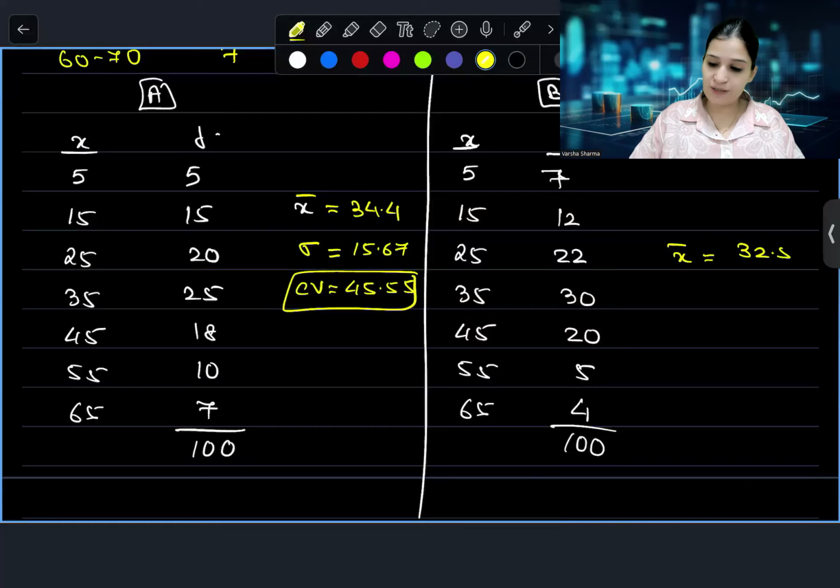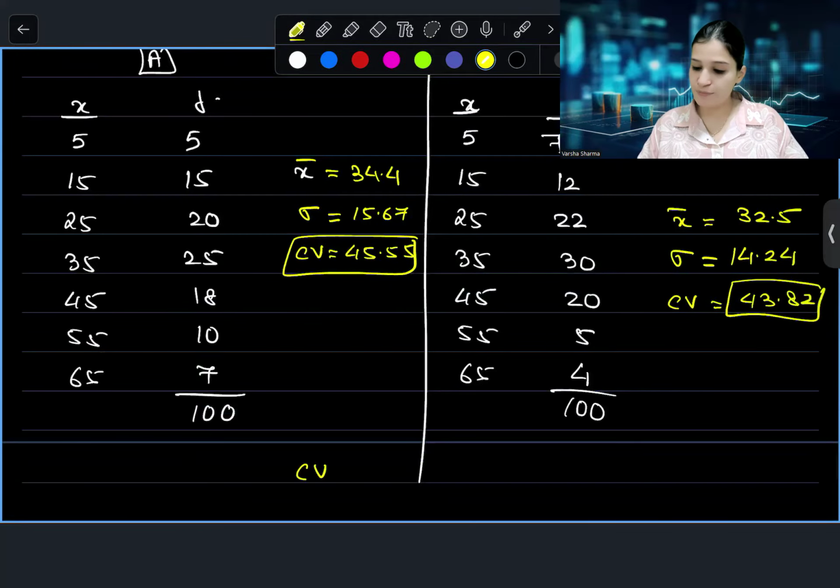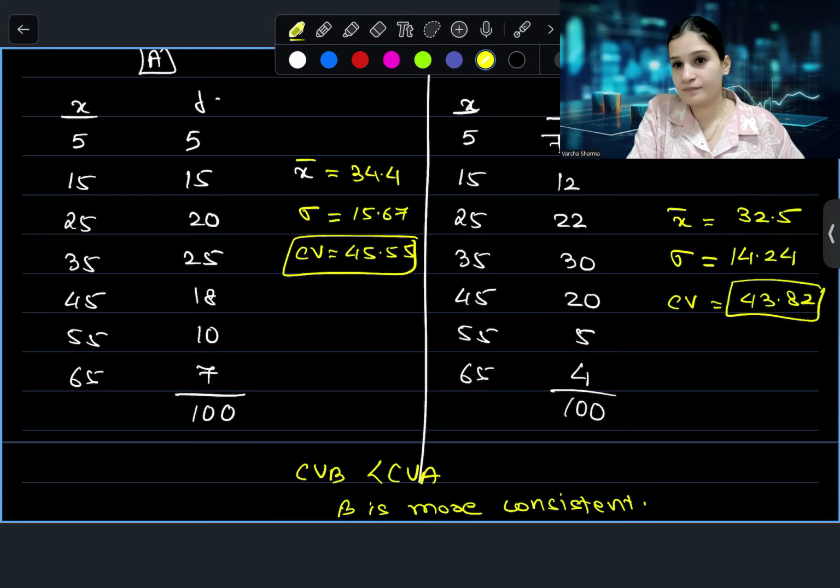Standard deviation 14.24. So CV is 43.82. Since CV of B is smaller than CV of A, B is more consistent. Clear? Yes, ma'am.